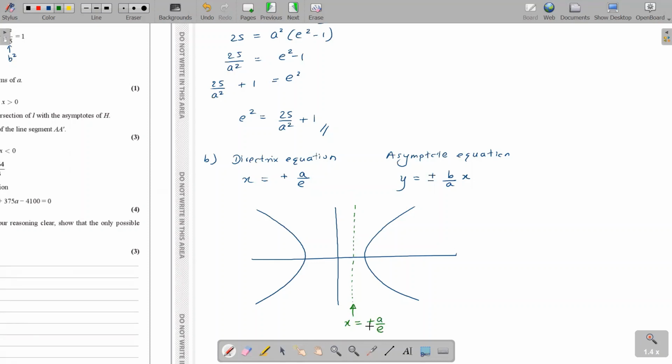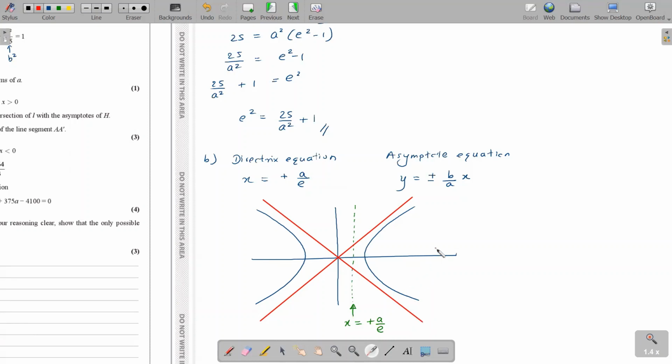And the asymptotes you normally draw like this: this is one asymptote, y equals plus b over a times x, and this is the other, y equals minus b over a times x.